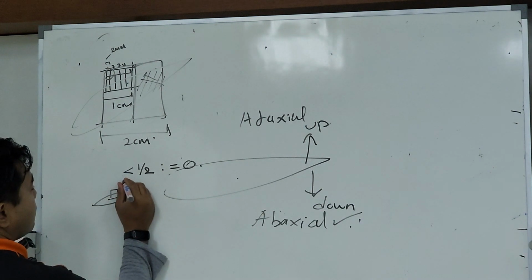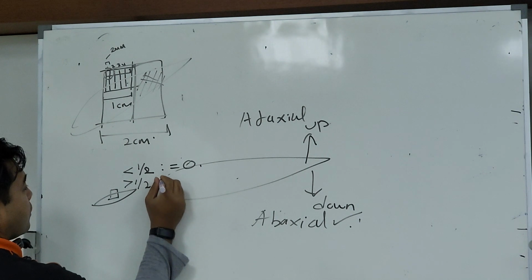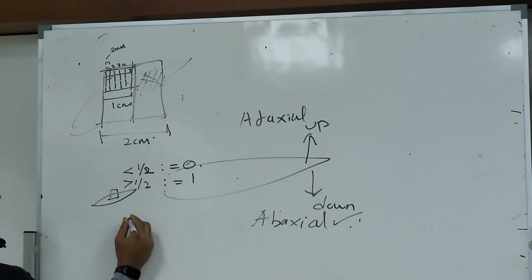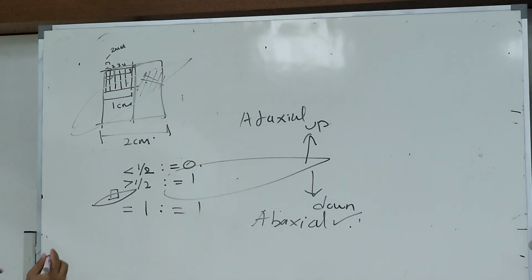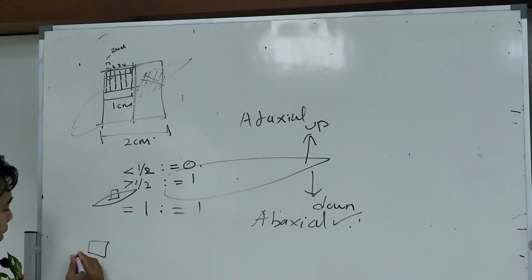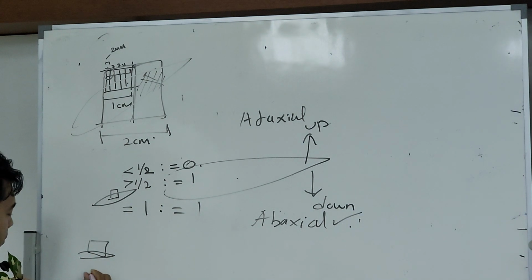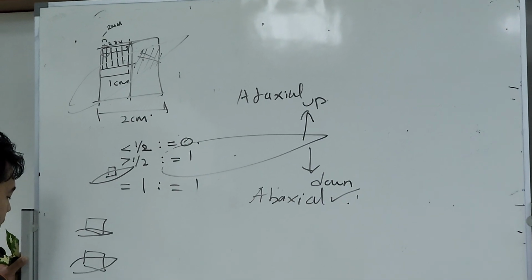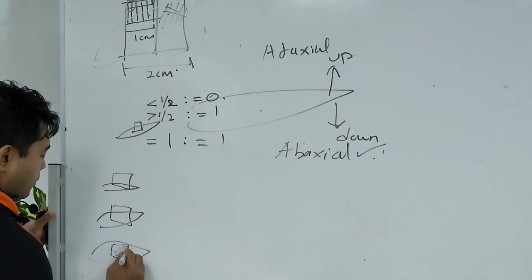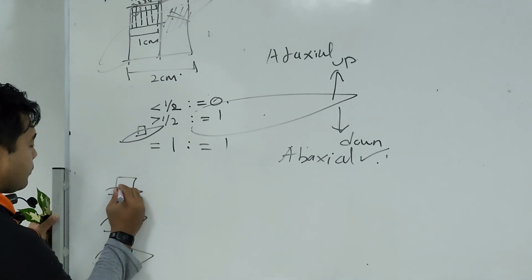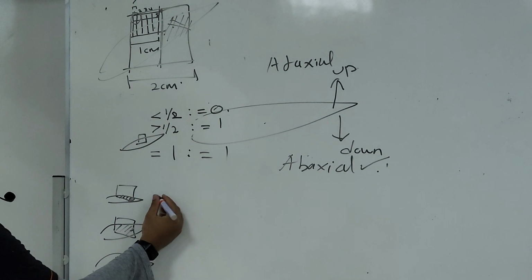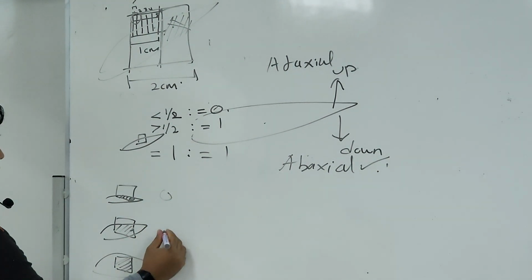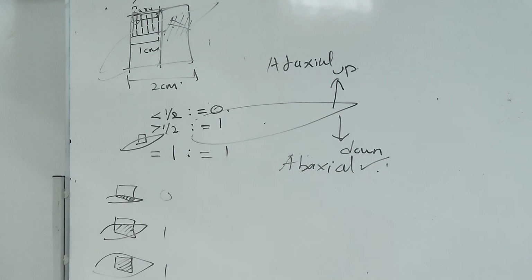If it's more than half, it equals 1. If it's exactly half, it equals 1. The situation can be something like this, this, or this. So is this 0 or 1? This is 0. This is 1. Easy.